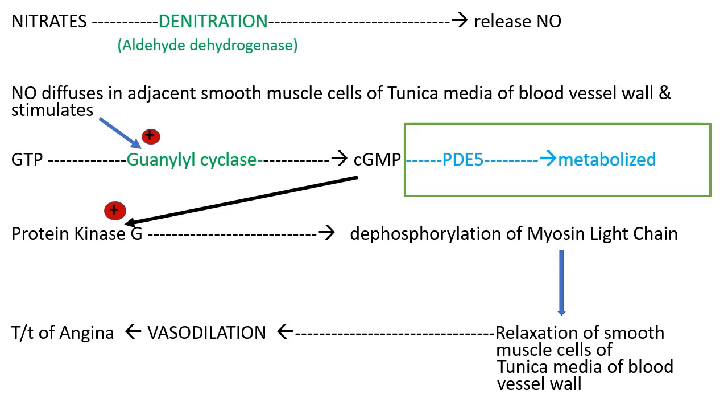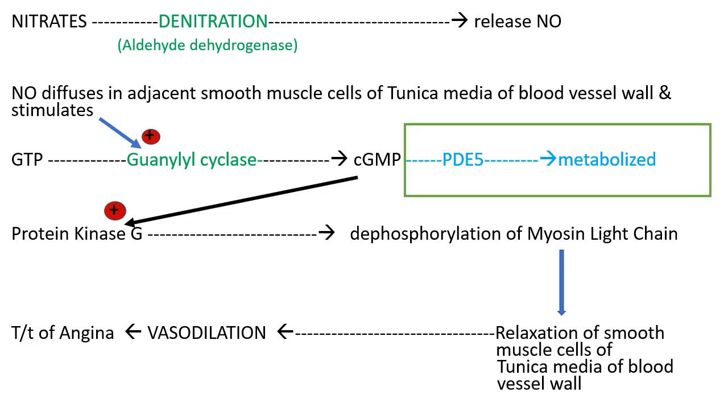So in case of angina pectoris, when we give nitrates, nitrates undergo denitration. It is acted upon by the enzyme aldehyde dehydrogenase, and nitrates release nitric oxide. Now this nitric oxide diffuses into adjacent smooth muscle cells of tunica media of blood vessel wall and stimulates guanylyl cyclase.